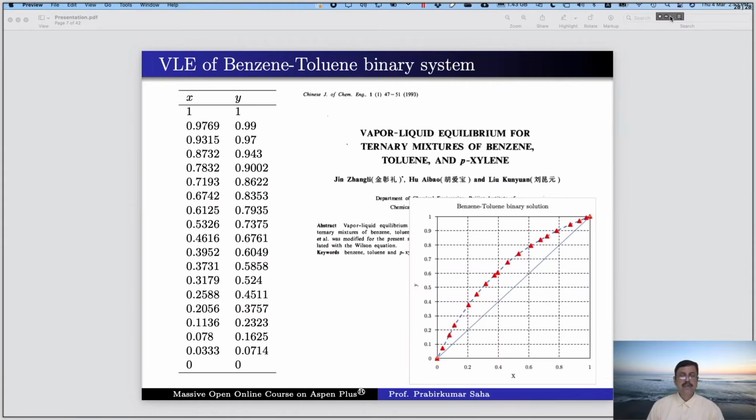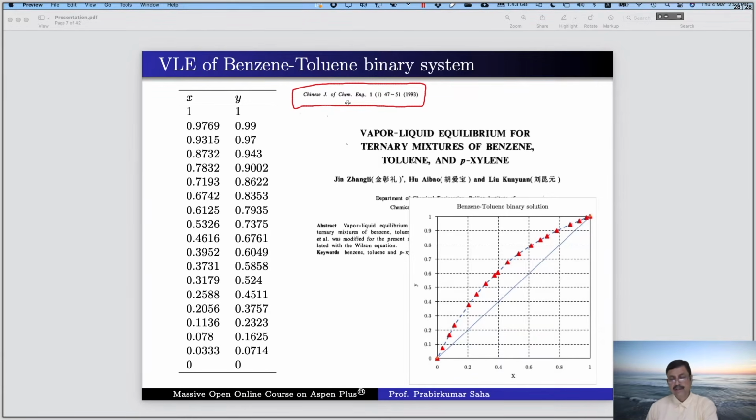Now we come to the next section. This is an example, that is vapor liquid equilibrium of the benzene toluene binary system that we were discussing a few minutes back. Now this vapor liquid equilibrium for the benzene toluene binary system has been taken from this particular journal. It is the Chinese Journal of Chemical Engineering, volume 1, published in 1993.